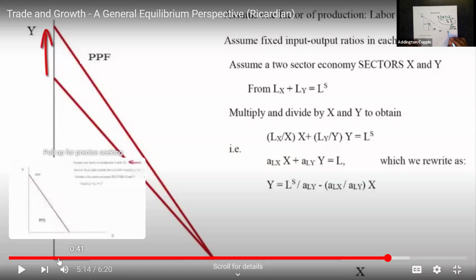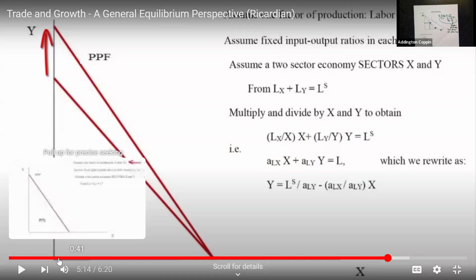Price ratio. Sometimes the literature calls it relative prices or the relative price line. So in general equilibrium analysis, the slope of the budget constraint is the ratio of prices or the relative prices.